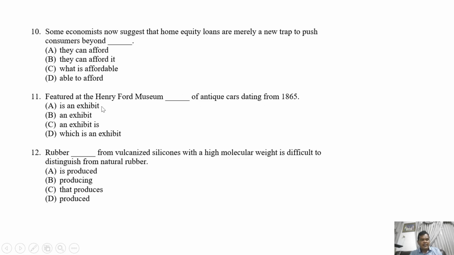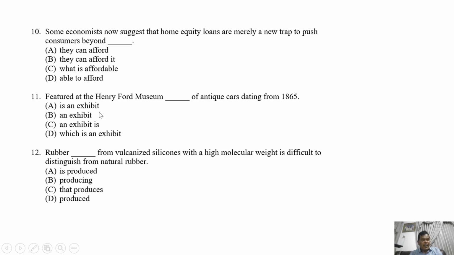Now, number 11. There is no predicate in this sentence. So if there's no predicate, we need a predicate. There are 3 options with a predicate: A, C, and D. However, we don't need option D, that is "which." Why is it? Because we have no predicate in the sentence, so why should we have a conjunction? Because a conjunction is needed when there are 2 predicates.